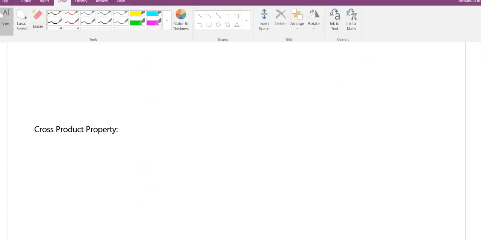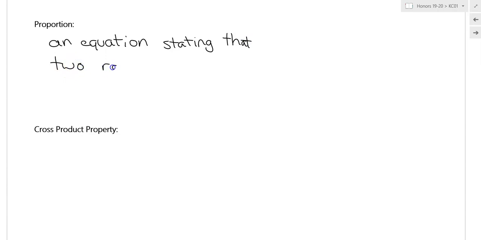Next we have a proportion. A proportion is an equation stating that two ratios are equal.